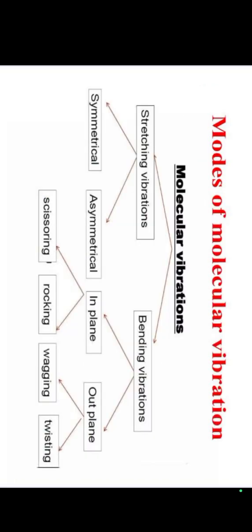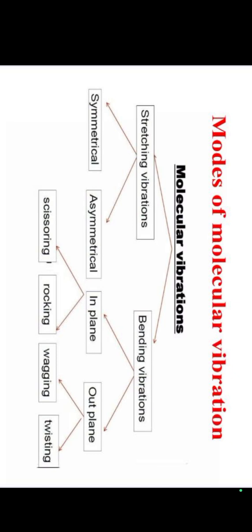Next we see the modes of molecular vibration. The vibrations are divided into two types: one is stretching vibration, second is bending vibration. The stretching vibration is again divided into symmetrical stretching vibration and asymmetrical stretching vibration.